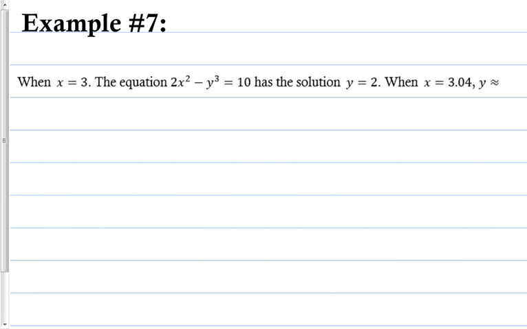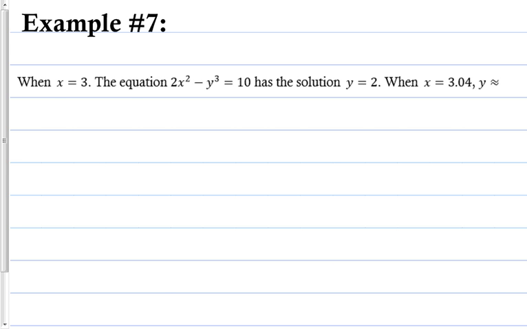All right, example 6. When x equals 3, the equation 2x squared minus y cubed equals 10 has a solution y equals 2. When x equals 3.04, y is approximately... Okay, so obviously we have to find the rest. This is probably originally a multiple choice question. I just chose not to show you the multiple choice answers.